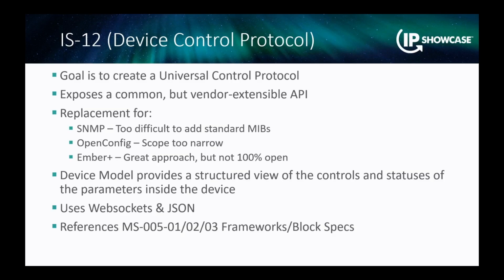I need to talk to a camera or a graphics unit or a switcher. Everybody has their own control protocol. Well, why not have a universal protocol? And there's a lot more work to do to make this happen, but that's really the goal here: a common protocol so that any device will speak this same language, this NMOS device protocol language.